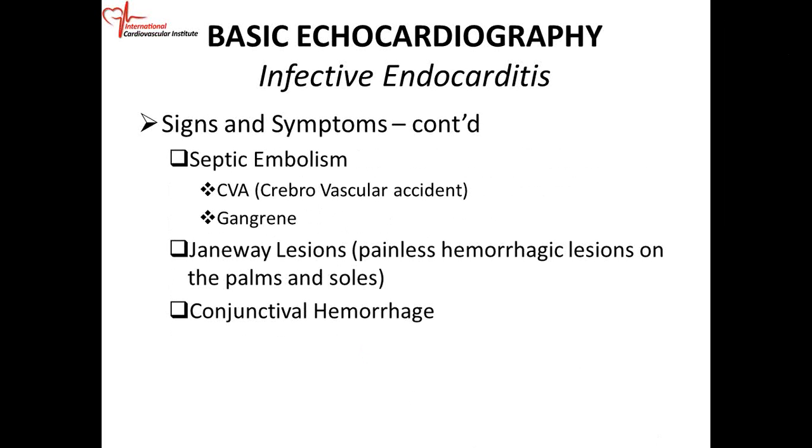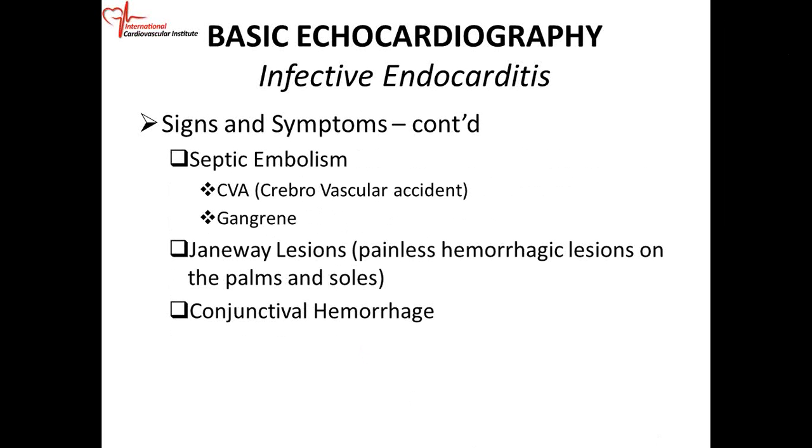And you can get what we call septic emboli, because if this infected material forms on the valves, you can have clotting on top of the infected material, and a piece of that can break off and travel distally, and that's what we call septic emboli. So a portion of the infected material breaks off and travels distally.